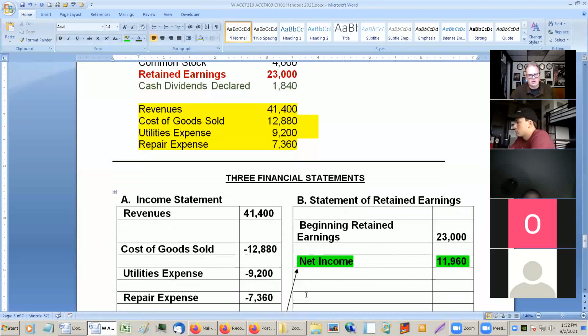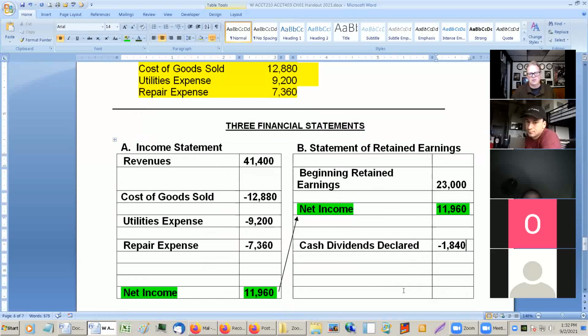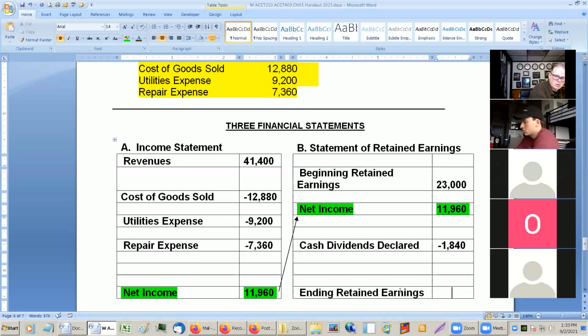So cash dividends declared, $1,040. $33,120.